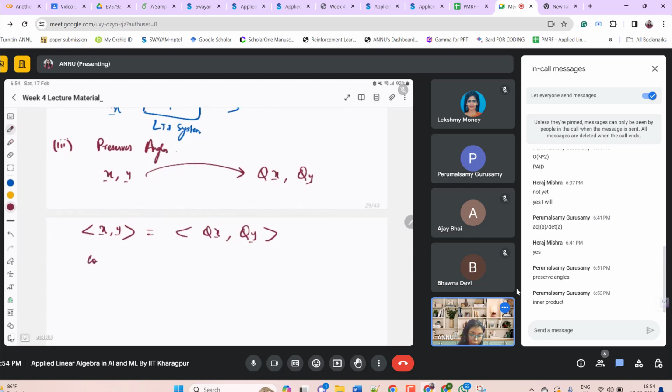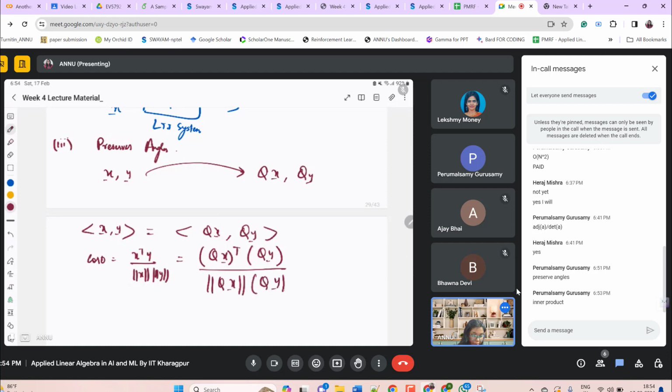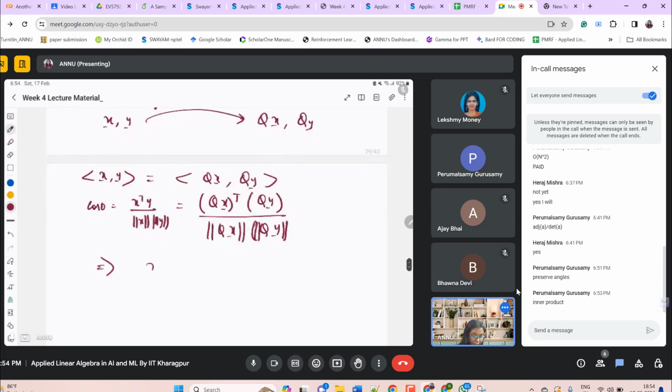So cos theta, which is nothing but x transpose y divided by mod of x into mod of y, is equal to qx transpose qy divided by mod of qx, mod of qy. This means that x transpose y is equal to qx transpose qy.